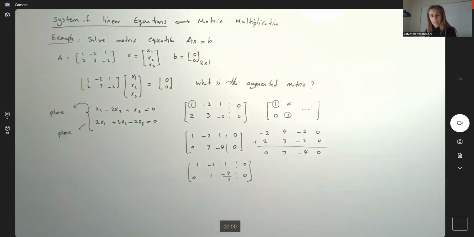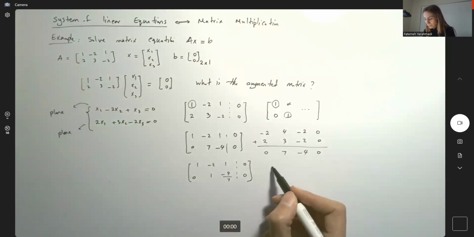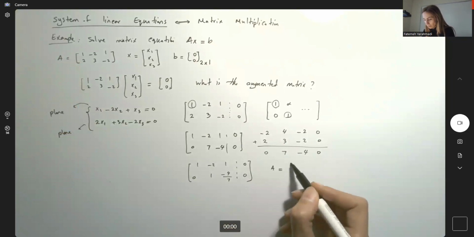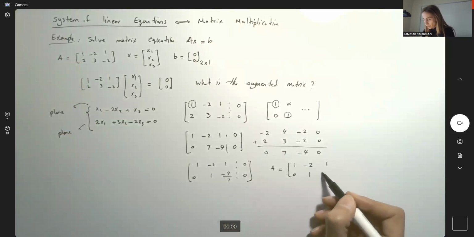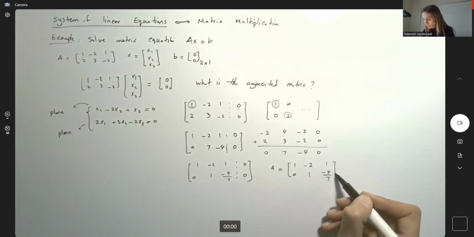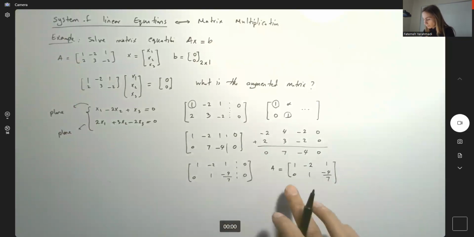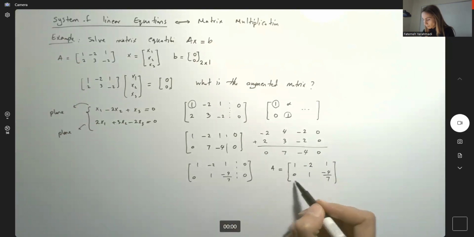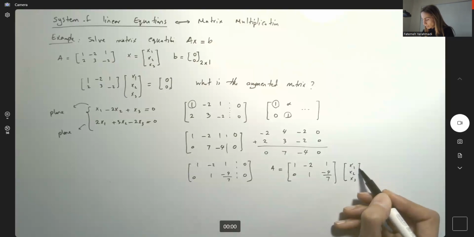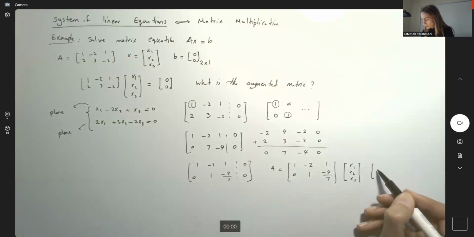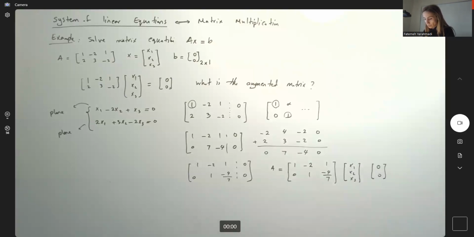You have A, which is 1, negative 2, 1, 0, 1, negative 4 over 7. Your B stays the same. This is x1, x2, x3, and B stays the same, which is 0 and 0.